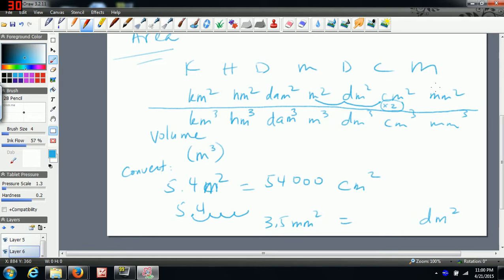According to the chart, it's 1, 2, but because they're squared, that gets multiplied by 2, so you're moving it over 4 units instead. So it becomes 3.5, and it goes 1, 2, 3, 4. And now you put in the decimals, so it becomes 0.00035 decimeters squared.